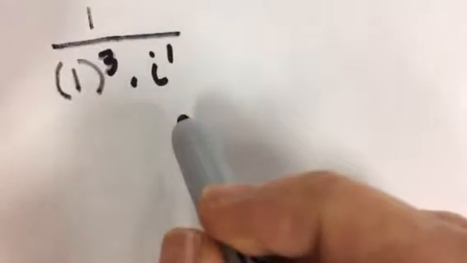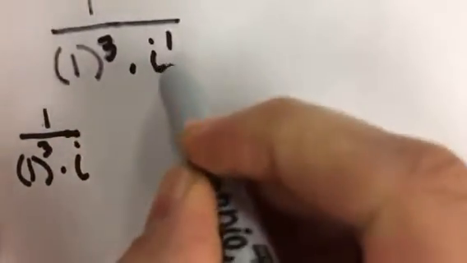Then we're going to simplify it even further. That'll be 1 over 1 to the third times i, because i to the first is i.